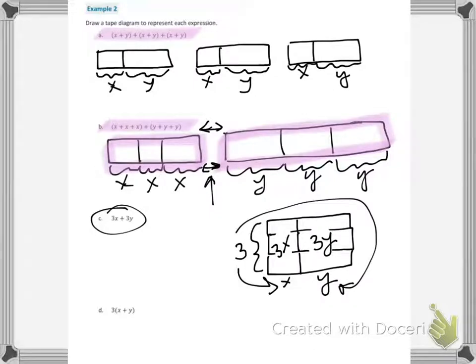Alrighty, so now D. Boy, is this exciting or what? Probably not. But anyway, D looks very similar because we've done this before. We have our 3 times x plus y. We have our x here, moving that way.